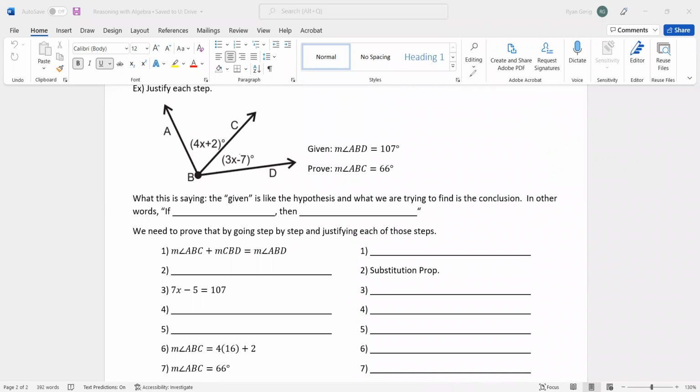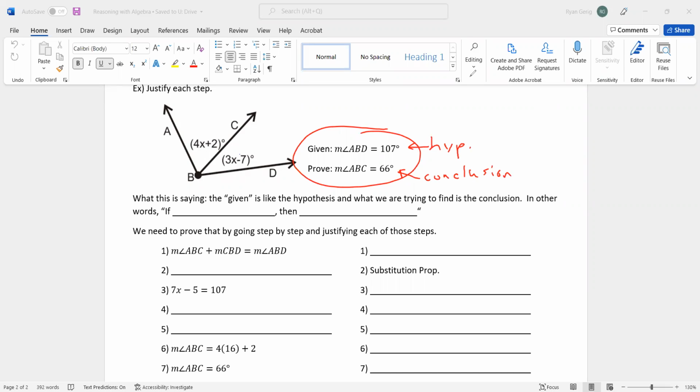Okay, first thing I want to point out is this stuff right here. All right, the given and what you're trying to prove. The given is your hypothesis. The conclusion is what you're trying to prove. Talked about that at the beginning. The given is like the hypothesis, and what we are trying to find is the conclusion.